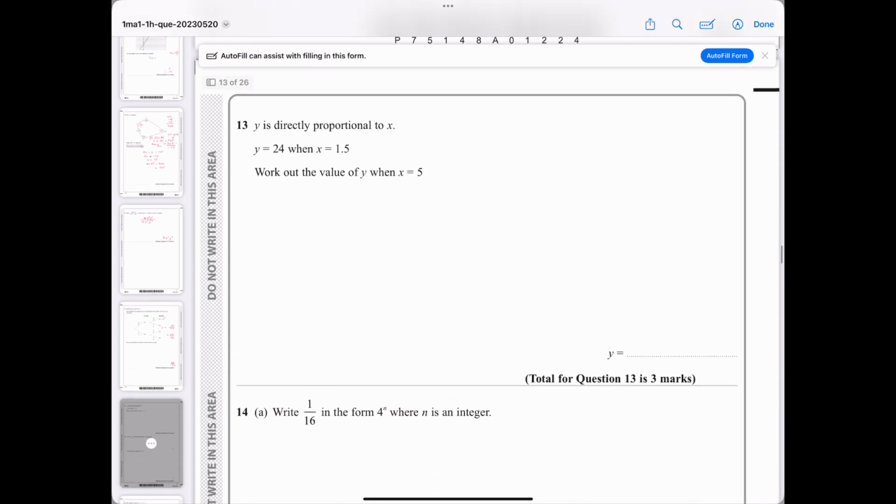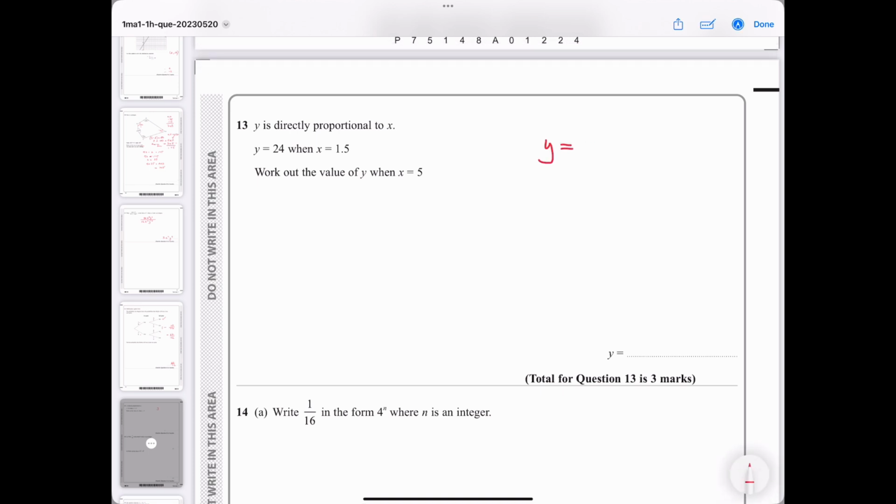I haven't actually looked. So y is directly proportional to x. So we say y equals kx, where k is an unknown.